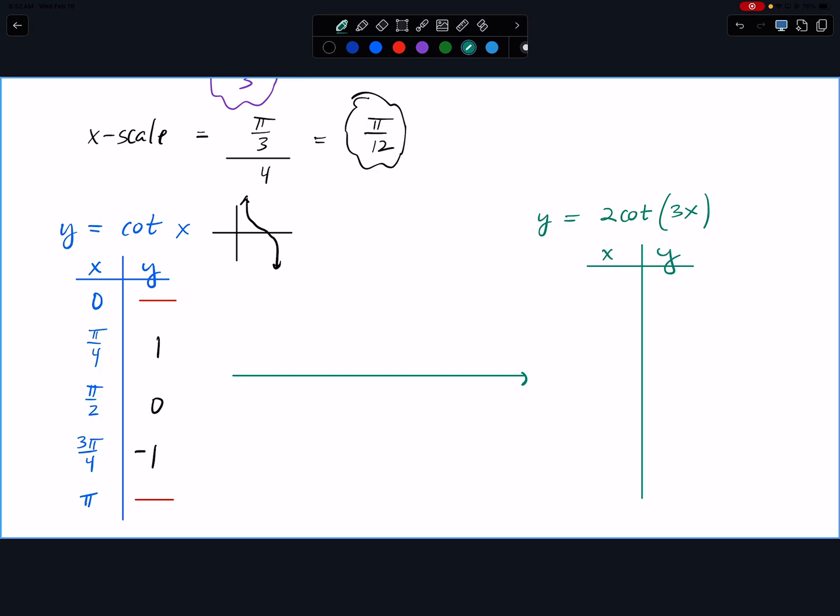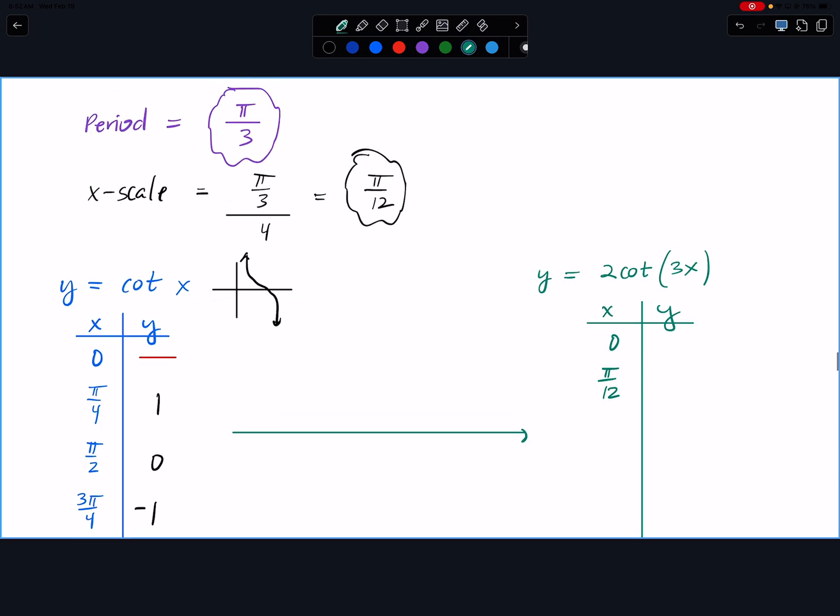So if we started regular cotangent at 0, that means we can start our new function also at 0, but our scale is going to change because our period changed. So I'm going to keep going by pi over 12s until I get to this number. Does that make sense, guys?